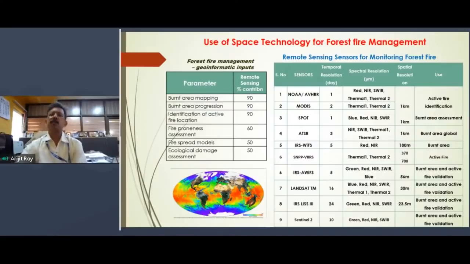So when we talk about the remote sensing sensors for monitoring forest fires, we have a host of sensors now. But the most commonly used are MODIS, SNPP VIIRS, Landsat, LISS-3, etc. In fact, we also have NOAA. So for active fire identification, what we use are MODIS and SNPP VIIRS. These two sensors are able to map.